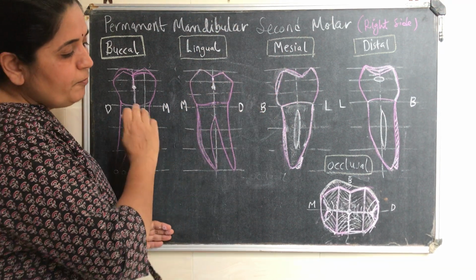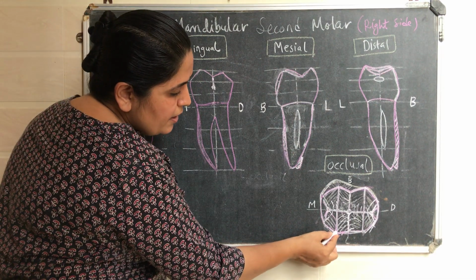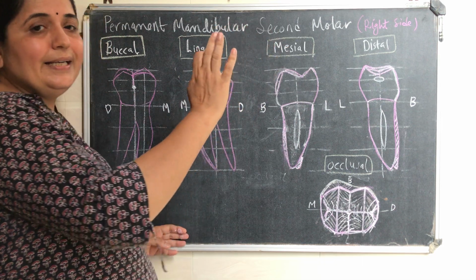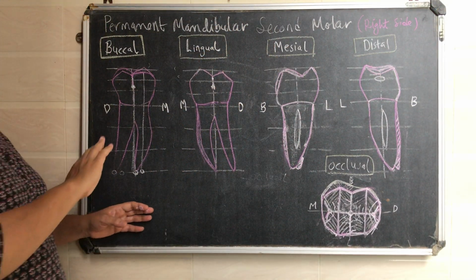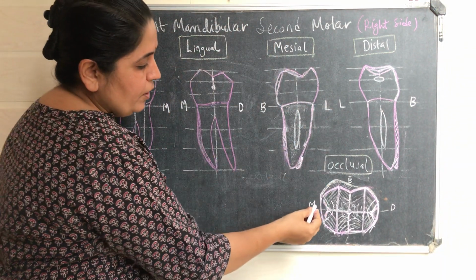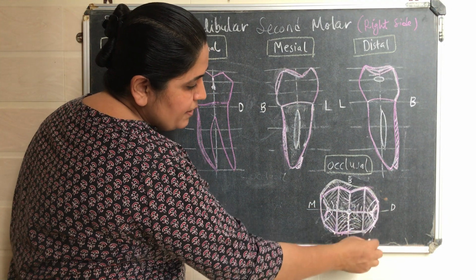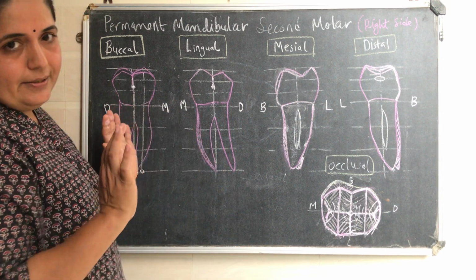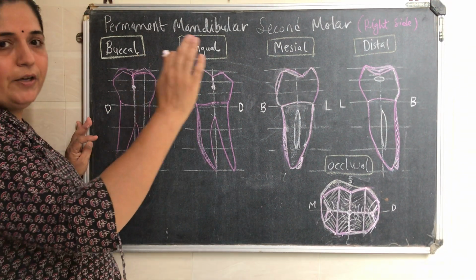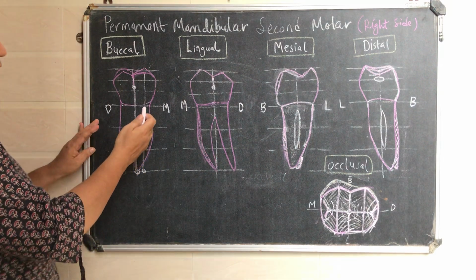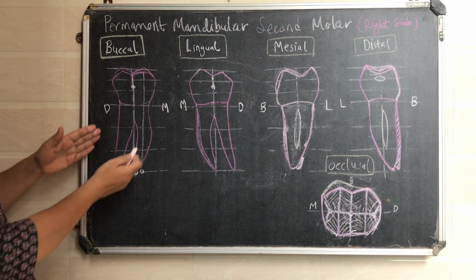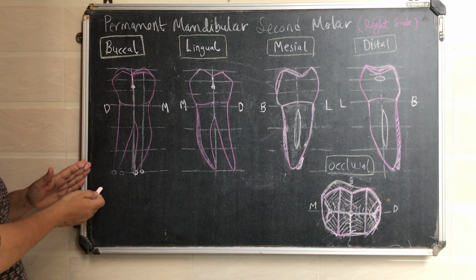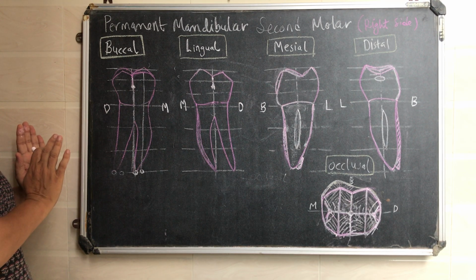The inclination of the lingual surface towards the distal side increases. The inclination of the mesial and distal surfaces towards the lingual side decreases. The distal inclination of the root increases, right?